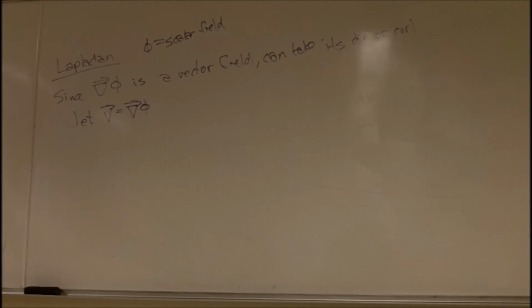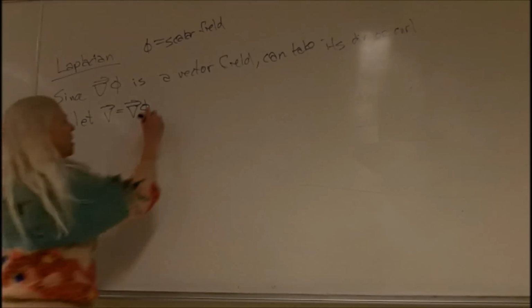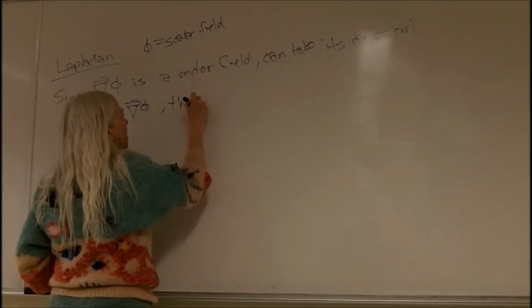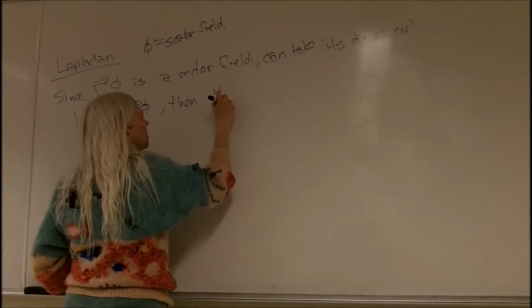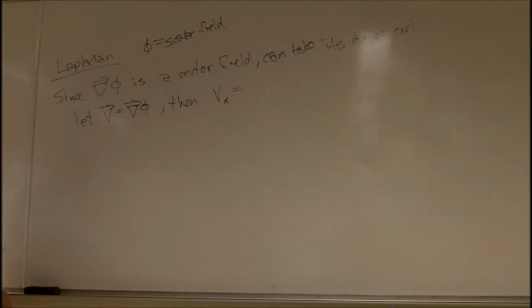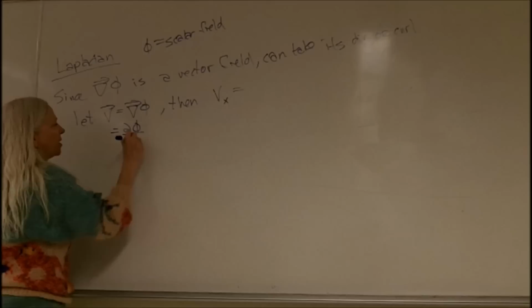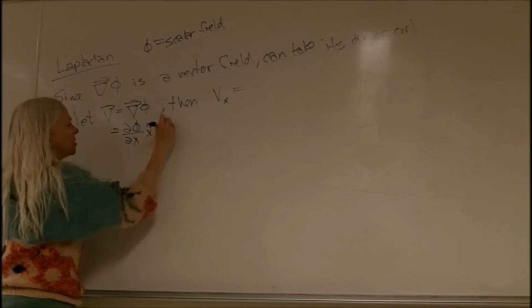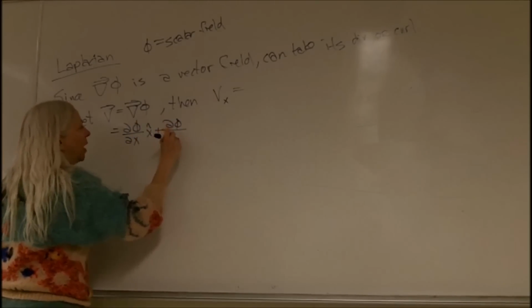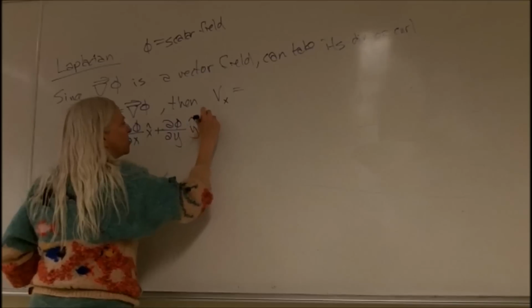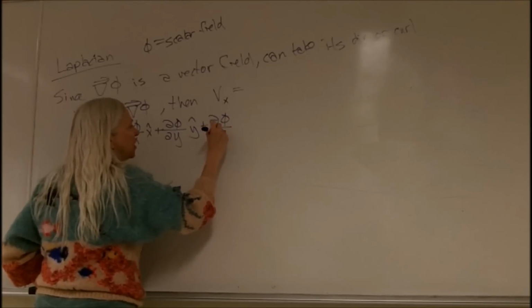Let's let v be equal to the gradient of phi. Let's think what that means about the components of v. The gradient of phi was the derivative of phi with respect to x times x hat plus the derivative of phi with respect to y times y hat plus the derivative of phi with respect to z times z hat.